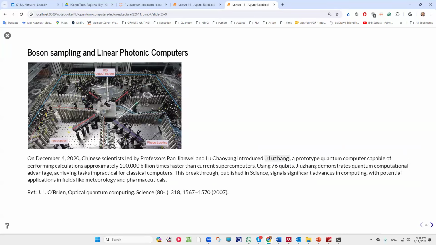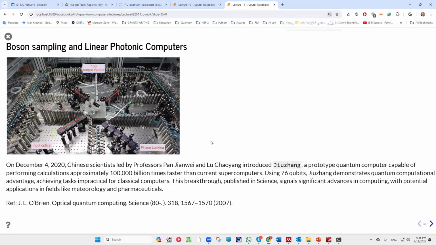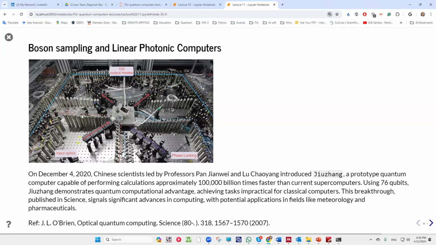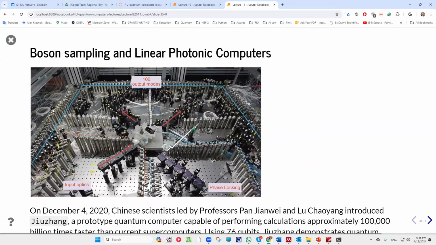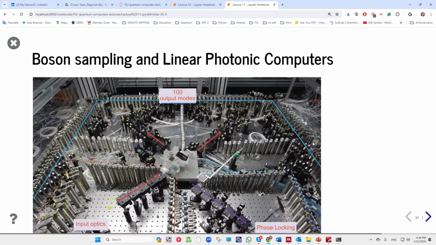In order to give you an idea how photonic quantum computers look like, this picture presents an optical table with the optical breadboard, as you can see, and each of these elements here represents different optical elements. Like, for example, here you can recognize these beam splitters, these cubic elements.